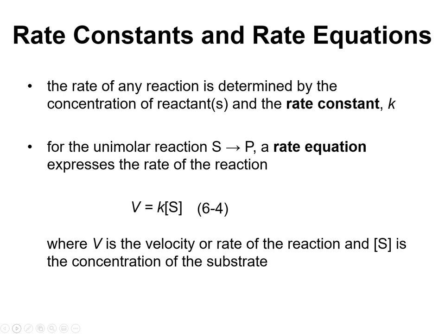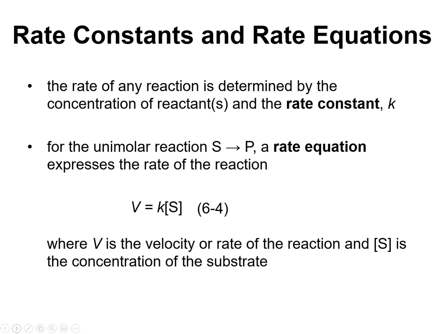Now we're going to get into some math. We've been talking about rates and reaction rates. Now we're going to give some more terminology there. So we're going to talk about rate constants and rate equations. The rate of any reaction is determined by the concentration of the reactants and the rate constant, which we always go with a K and it's italicized.